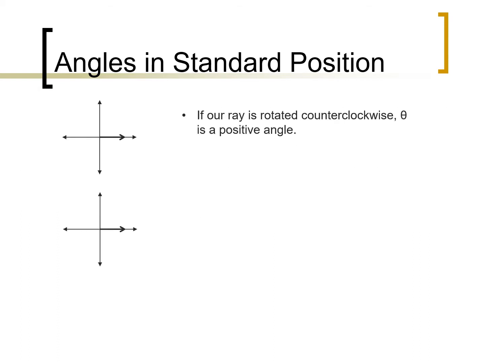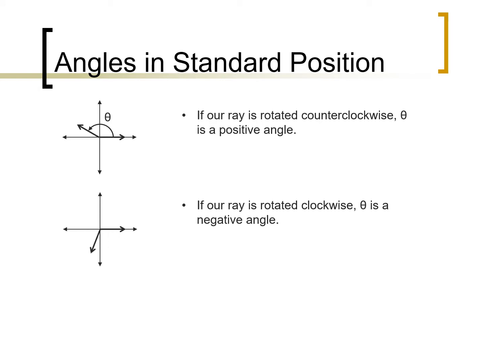If our ray is rotated counterclockwise, we say that theta is a positive angle. So if I'm spinning in that direction, that theta that I just traced out is some sort of positive angle. We also have negative angles, which you might not have dealt with before. And we're just going to create a negative angle by rotating our ray clockwise.